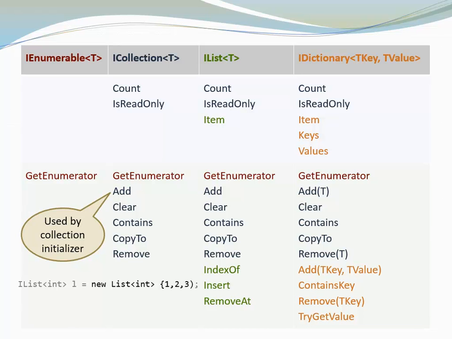Examples of such collections are Queue and Stack. Here, I tried to create a stack. Using a collection initializer did not work because class Stack doesn't implement the generic interface ICollection<T>, nor does it have an extension method Add. Because of that, I need to create a stack and then add all the elements.